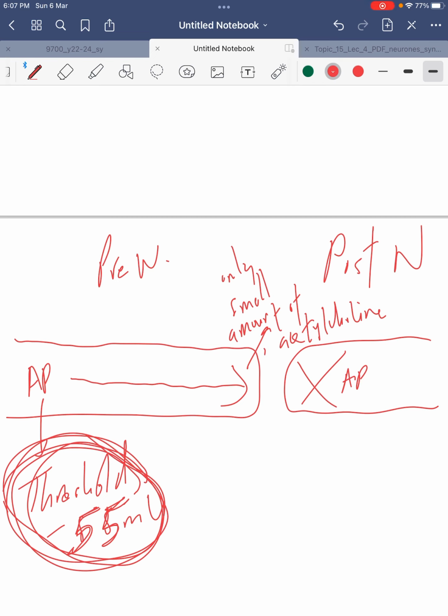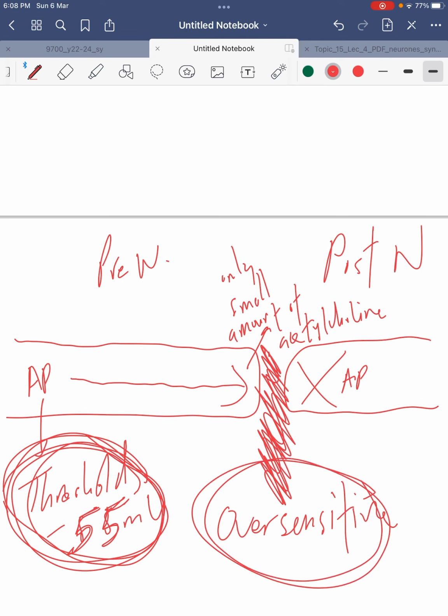So that is the purpose of the synapse here. It also filters. It will only allow action potential to occur from strong stimuli, not low-level or weak stimuli. And this is very, very important, especially for us human beings. We don't want to become oversensitive.